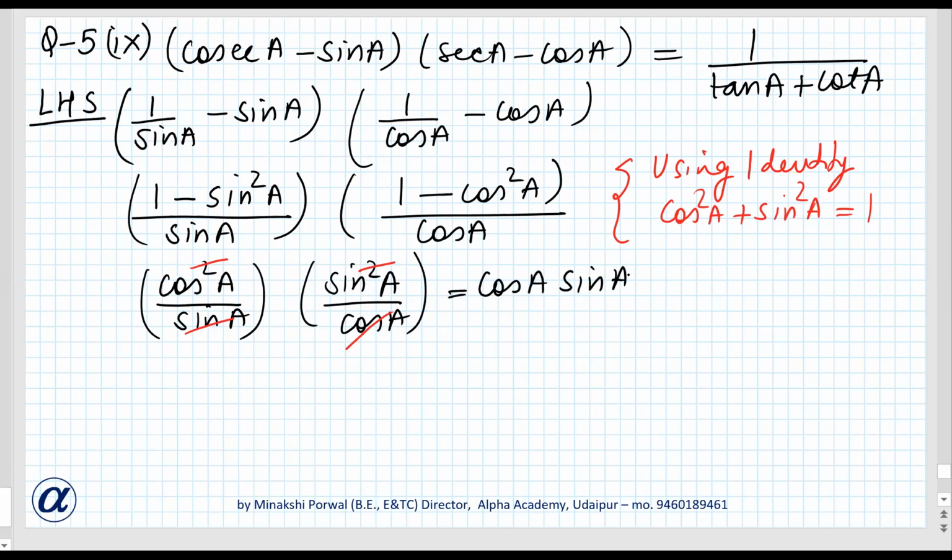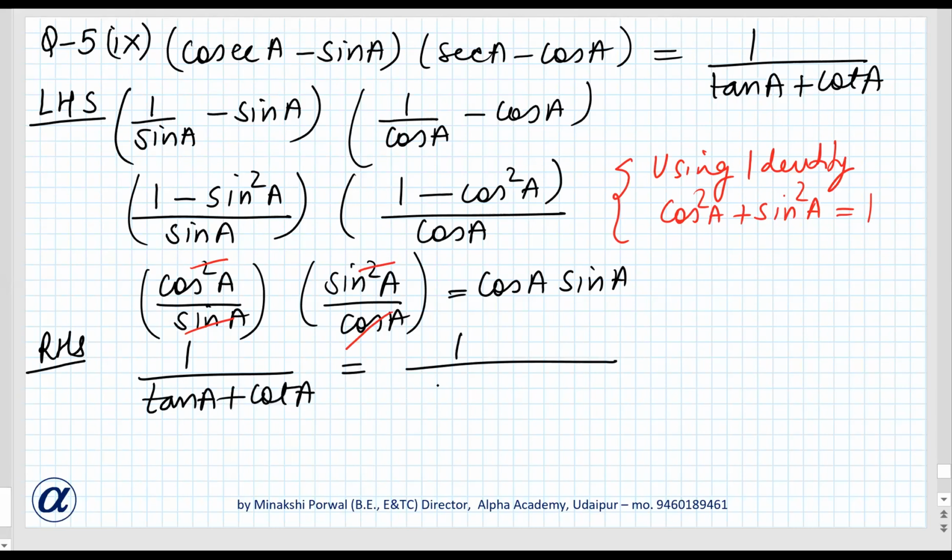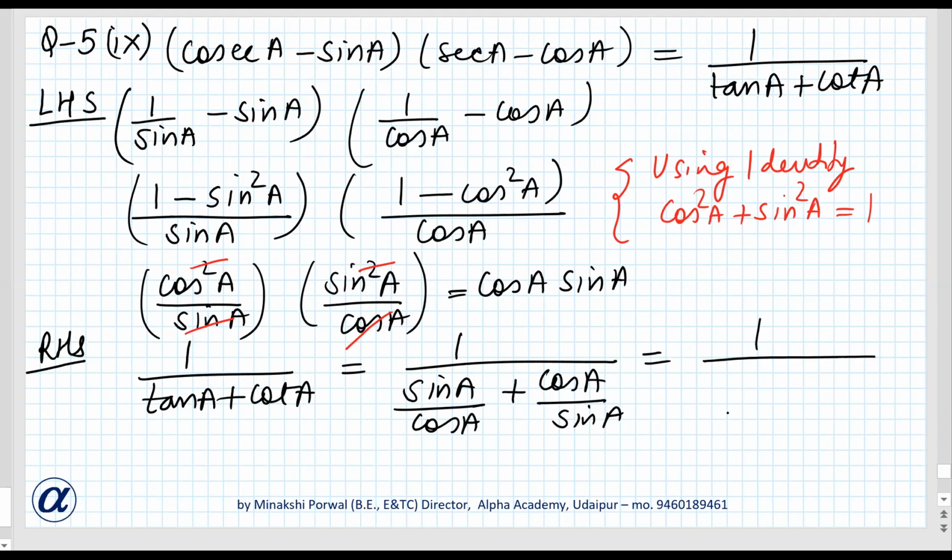Taking RHS, 1 upon tan A plus cot A. Tan A is sin A upon cos A. Cot A is cos A upon sin A. Taking LCM of the denominator, it is sin A cos A. Cos A is here, cos A is here, sin A is not here, so sin A should be multiplied in the numerator.